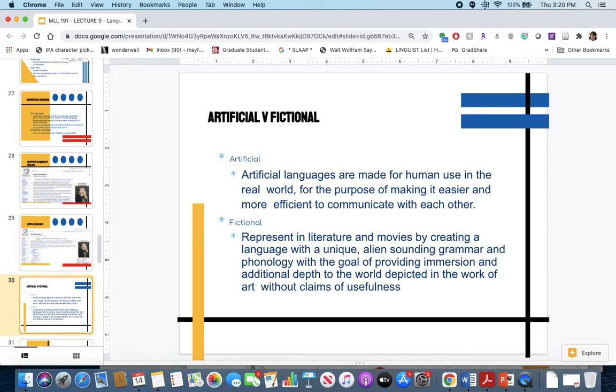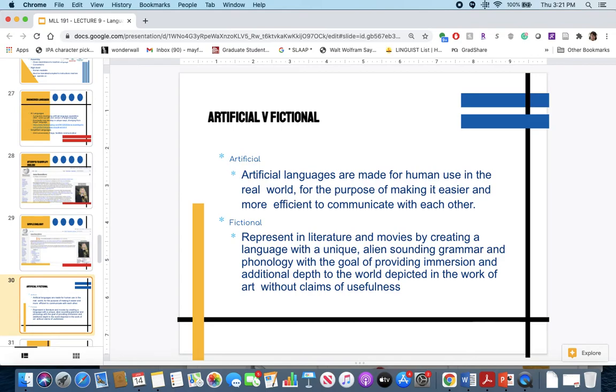Fictional languages, however, are different because they provide a window to a fictional world. And so maybe you'll have fictional languages because you want to illustrate that these aliens have different mouth structures than we do, right? Or they don't have a mouth, so they have to have a very visual language.